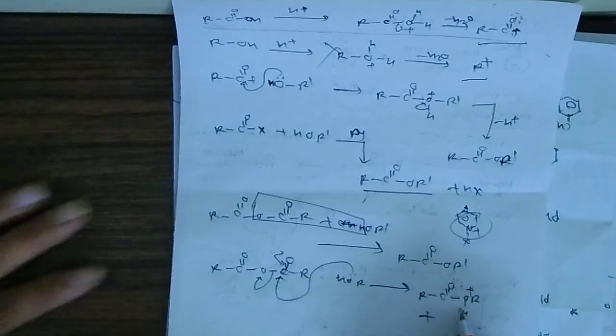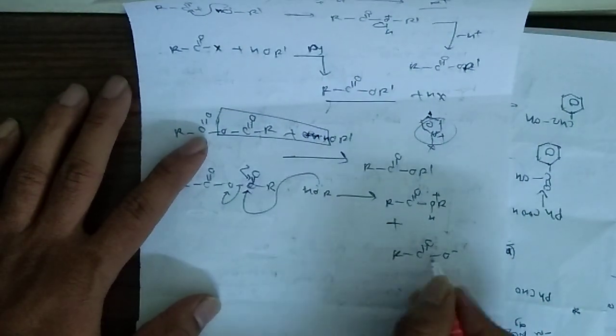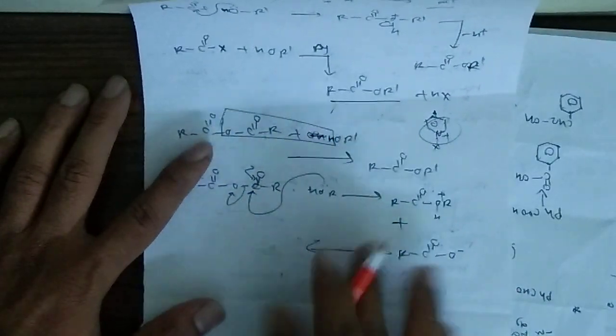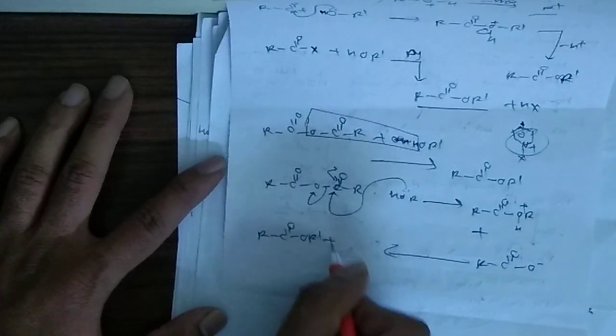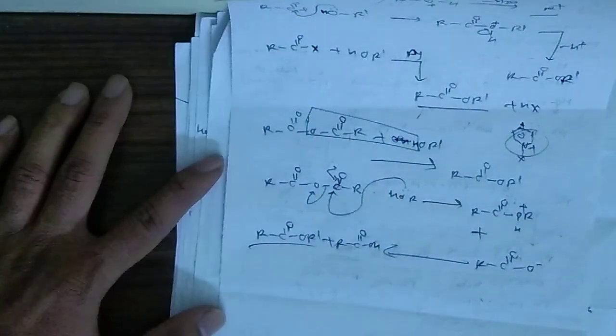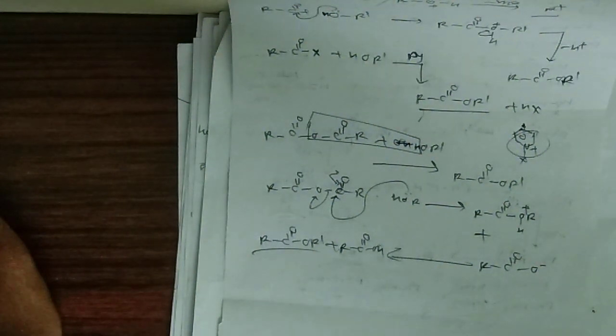So this O minus will take that proton and leave out as the carboxylic acid. One of these I am writing here: R C double bond O R' plus R C double bond OH. Now this is one of the methods of ester formation, which is involved in the esterification reaction.